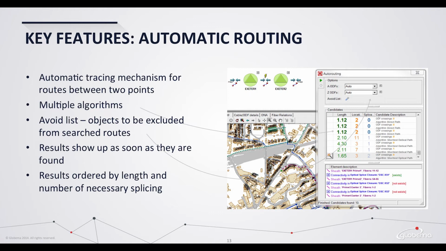They see results as soon as they are found by automatic algorithms. All results are ordered by length, by number of locations, and what is the most important, by number of splice changes necessary to be introduced in order to create a route.